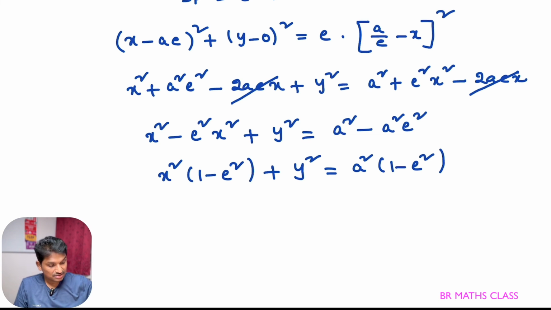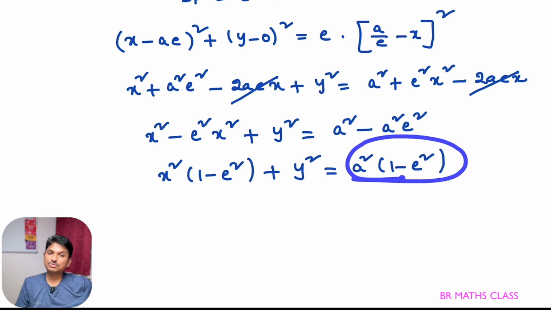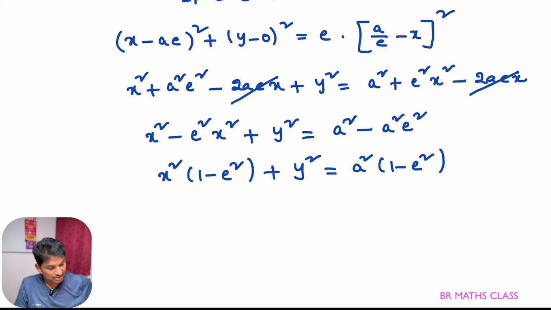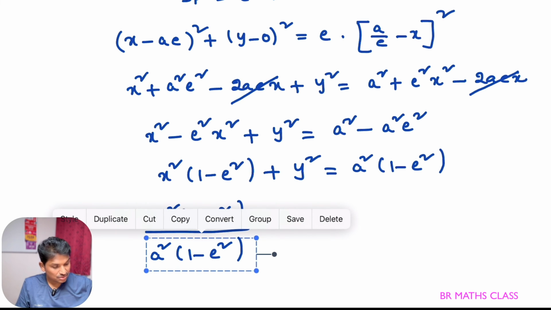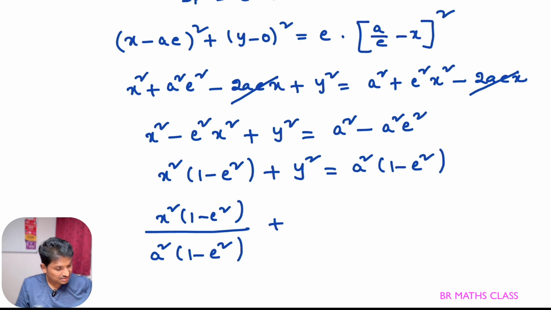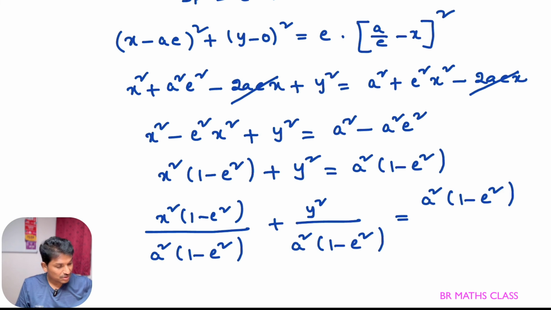Now what I will do, this complete equation you divide with a square into 1 minus e square. Okay, x square into 1 minus e square divided by a square into 1 minus e square plus y square divided by a square into 1 minus e square equal to a square into 1 minus e square divided by a square into 1 minus e square.